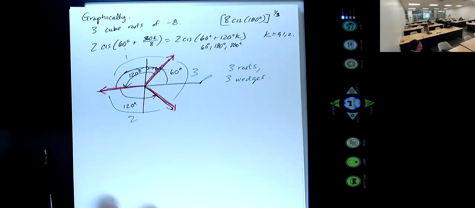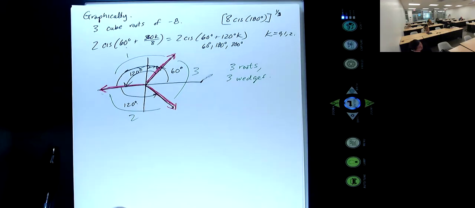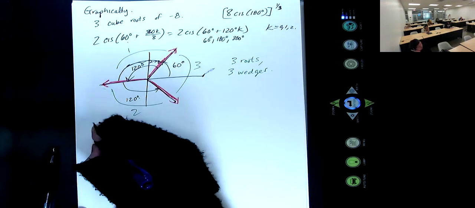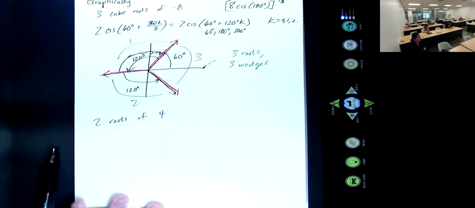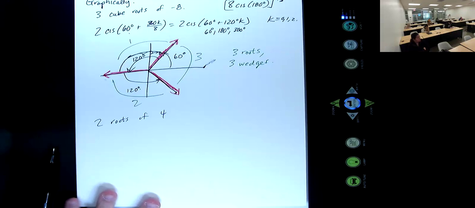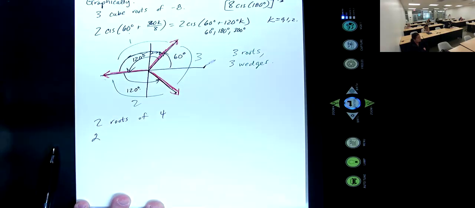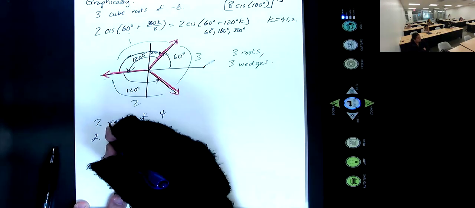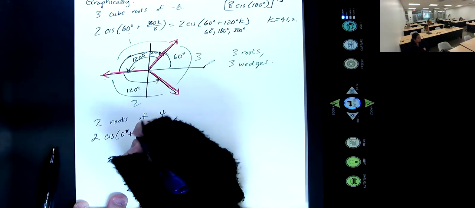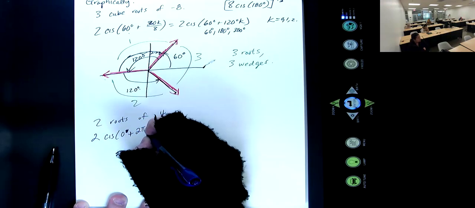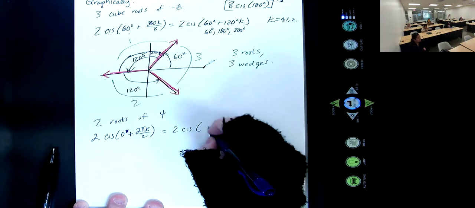When we did x squared equals 4, we wanted the 2 roots of 4. We had ended up getting 2 cis 0. I did it in radians, plus 2 pi k over 2, which was 2 cis pi k.